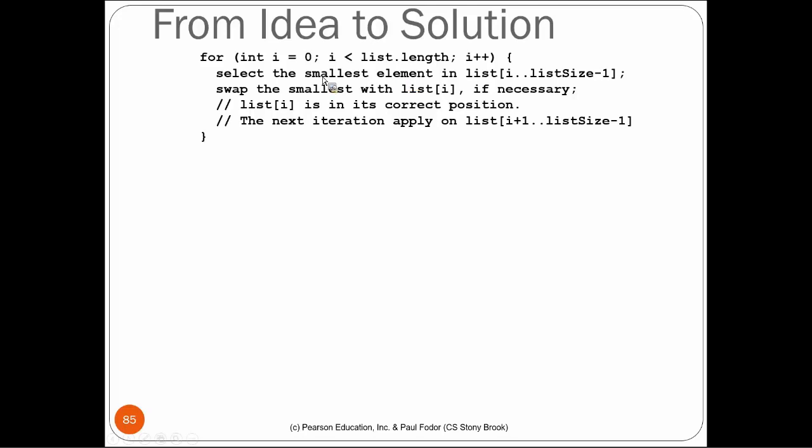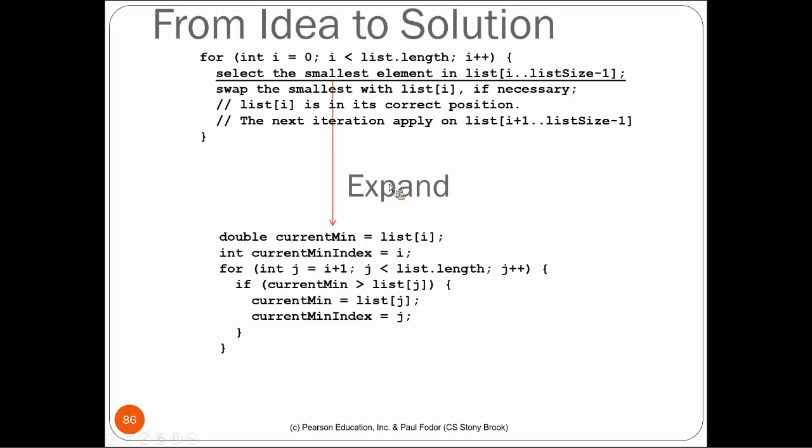In the previous lecture, in array 1, we found the largest element of a list. The same way we can find the minimum element of a list. We assign to a double variable, current minimum, the element at index i. The current minimum index is the index i.